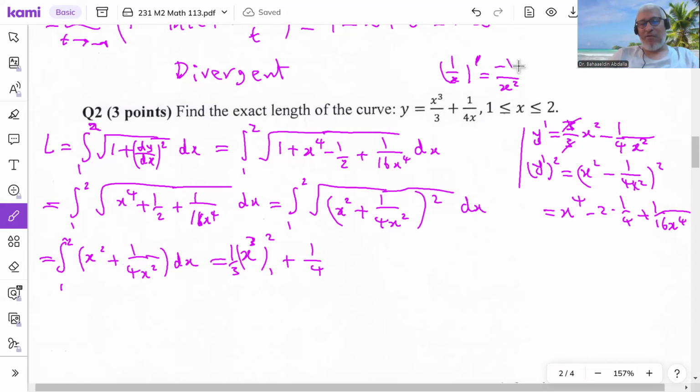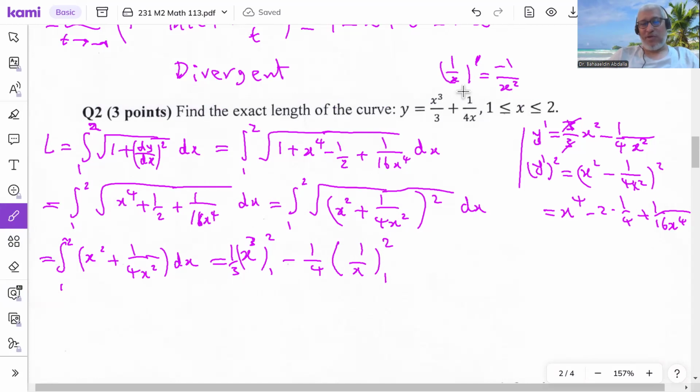So the integral of 1 over x squared would be negative 1 over x. So you can just do that easily. And even I can take this minus outside. So I'll write it here. And here I'll have plus.